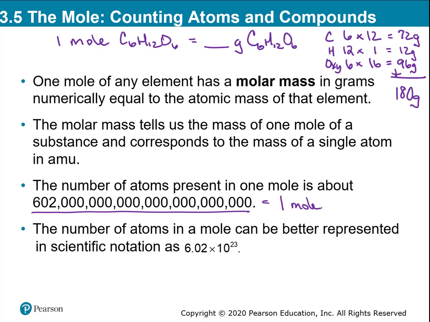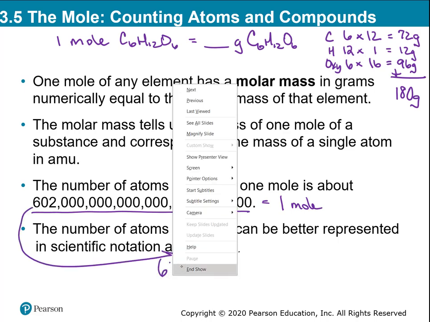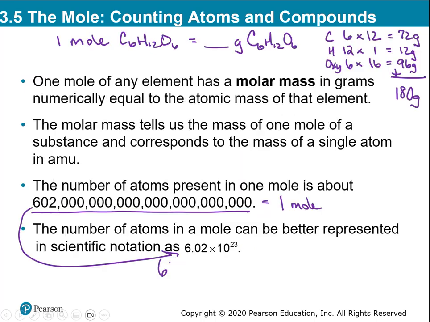Because this is way too many zeros, they put this in exponent form. So that is 6.02 times 10 to the 23rd molecules is equal to 1 mole.